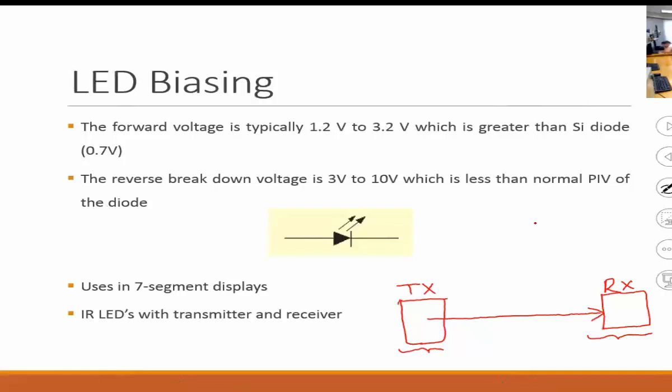But if an object comes by and breaks that beam, then we can design a circuit on the other side to do whatever action is required. That deals with the programming and external circuitry. This one is an IR transmitter, and that's an IR receiver. It's heavily used in the manufacturing industry as well.